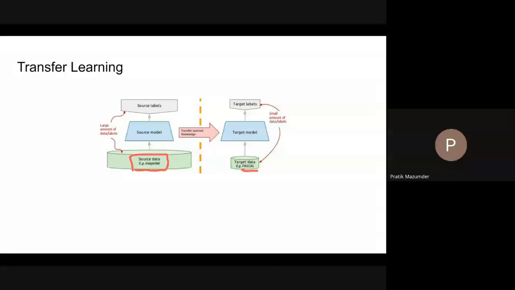So we'll see how to perform transfer learning, but the general idea is that you will train a source model on a source data set, which may be comparatively larger than your given data set. The whole point of performing transfer learning is that you don't have enough data on your target data set. And once you perform training on ImageNet, you then transfer the knowledge that you have gained through ImageNet into the target model.